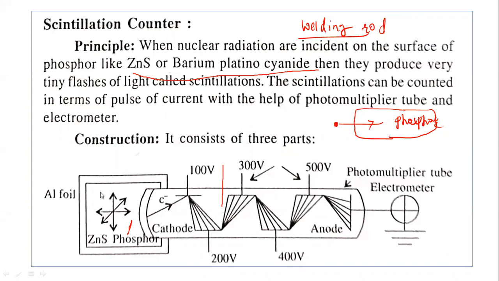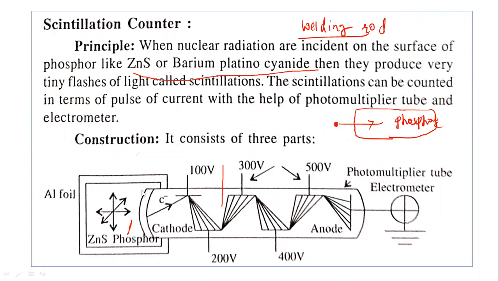The function of the aluminum foil is to reflect the scintillations towards the photocathode of the photomultiplier tube. Whatever scintillations are produced by the nuclear radiations are reflected and fall onto the photocathode of the photomultiplier tube.